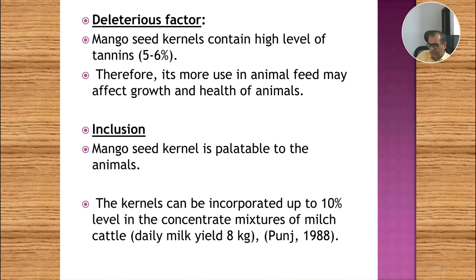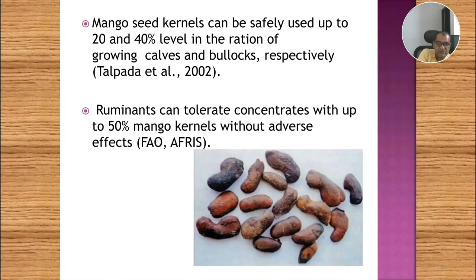Hence, one should be careful while this food is being used, and while feeding this particular source of unconventional feed.